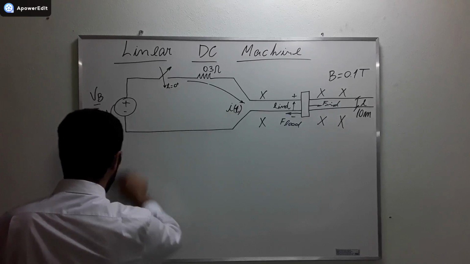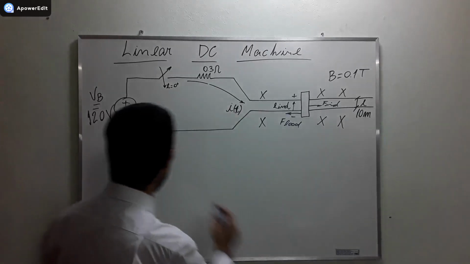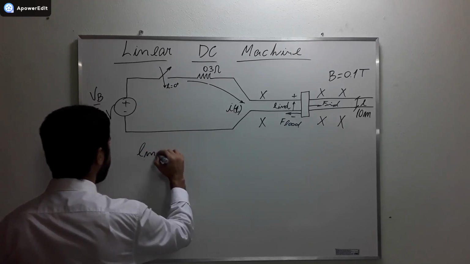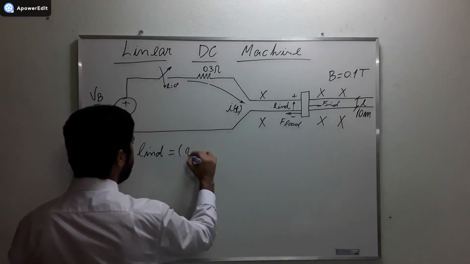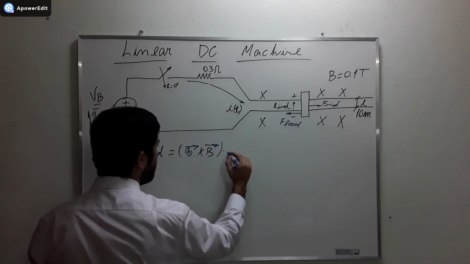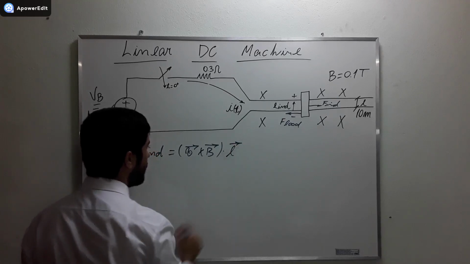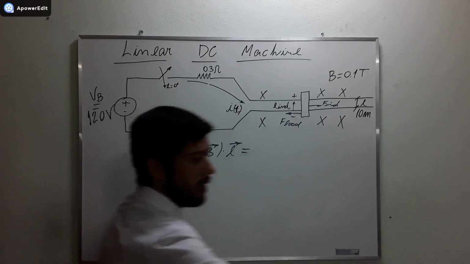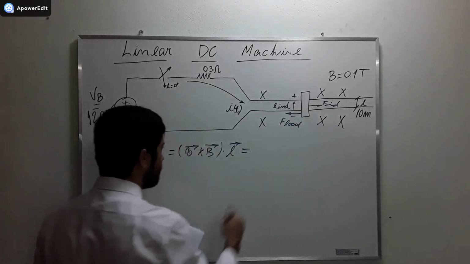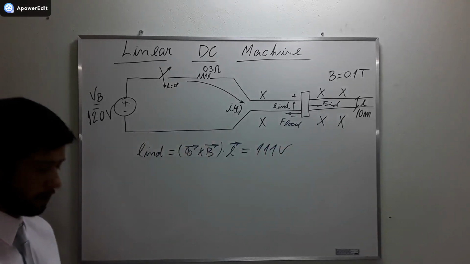The law of induction says that the induced voltage is equal to V vector B dot V cross B dot L. Okay, and we already found that it is 111 volts. Are you guys understanding?